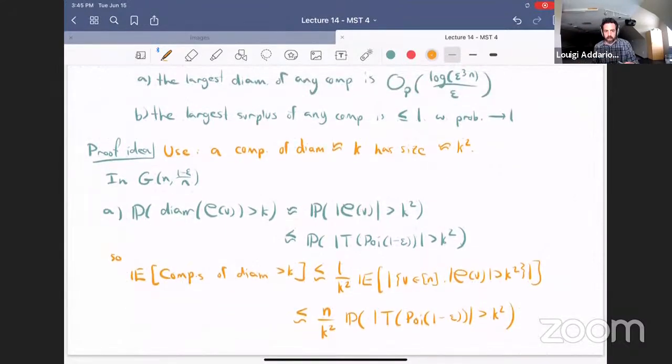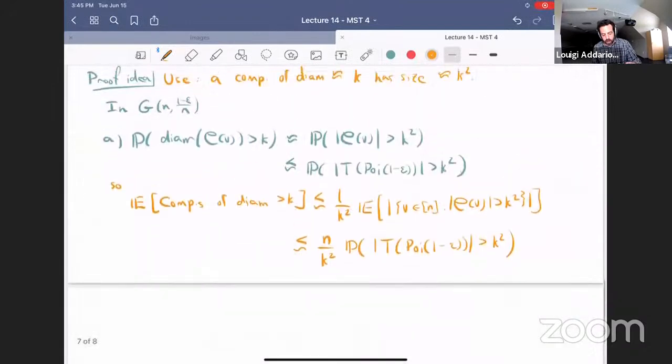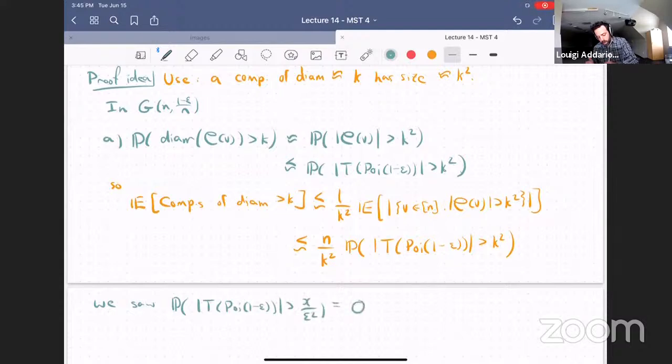Okay. So now what do we know about this bound on the right? Well, we saw that the probability that a subcritical Bienaymé tree like this has size bigger than x over epsilon squared was like order 1 over (x over epsilon squared) to the half, e to the minus x over 2.